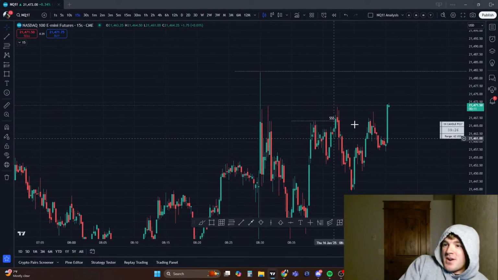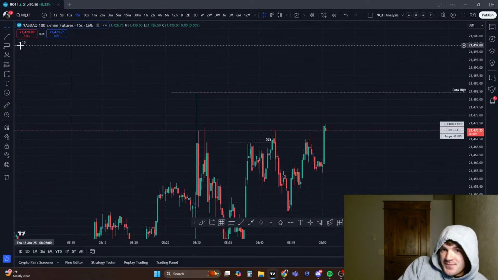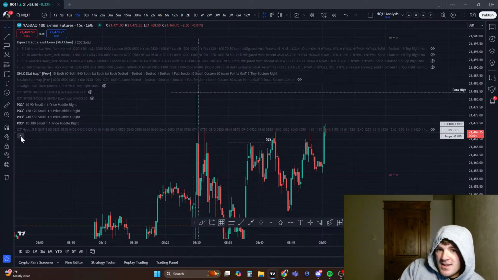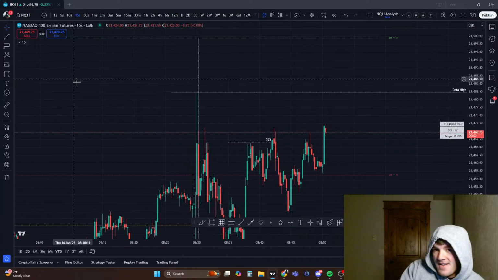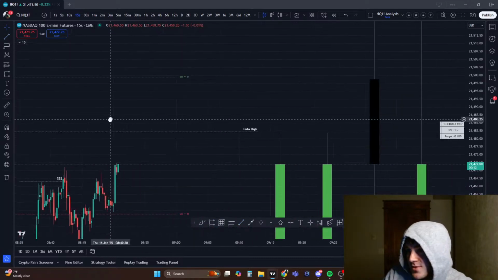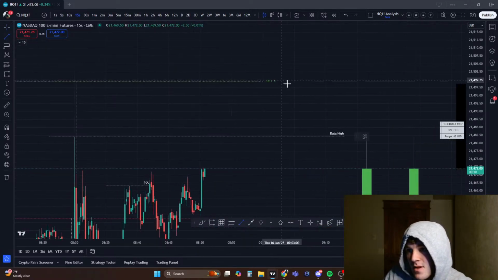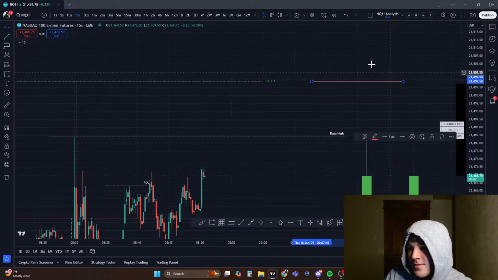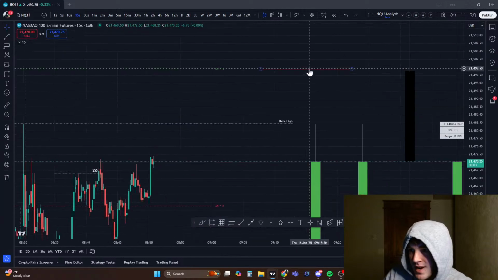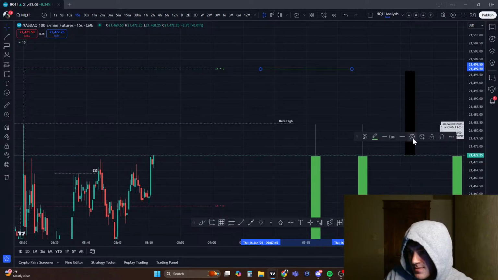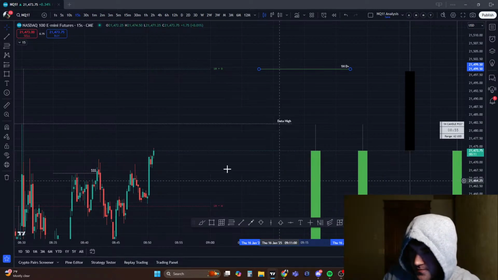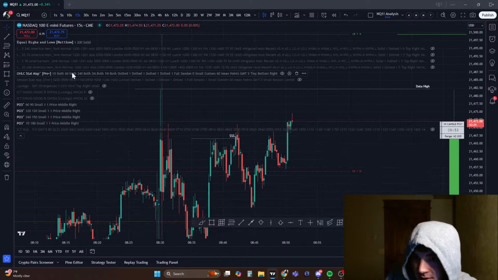All right, looks like we are possibly gonna go to this data high. And I will mark out this hourly distribution level. It could be a nice confluence if, let's say, we sweep it into this daily 1 hour distribution and then we go lower. And then let's look at the 2 hour.